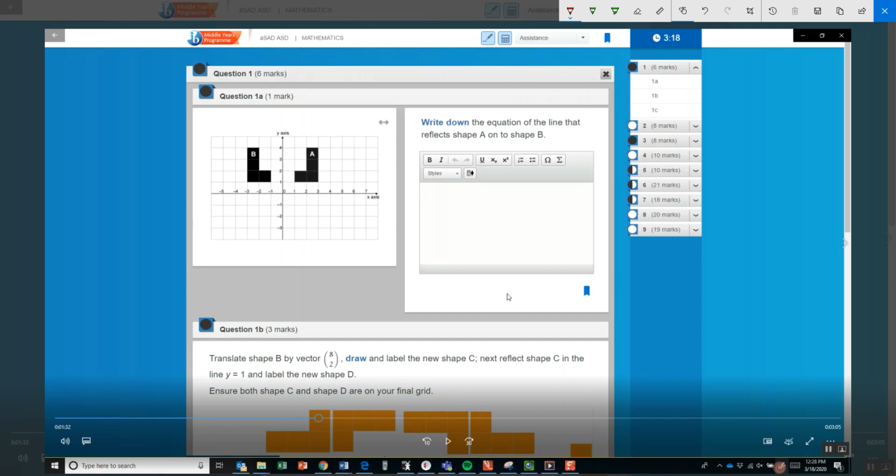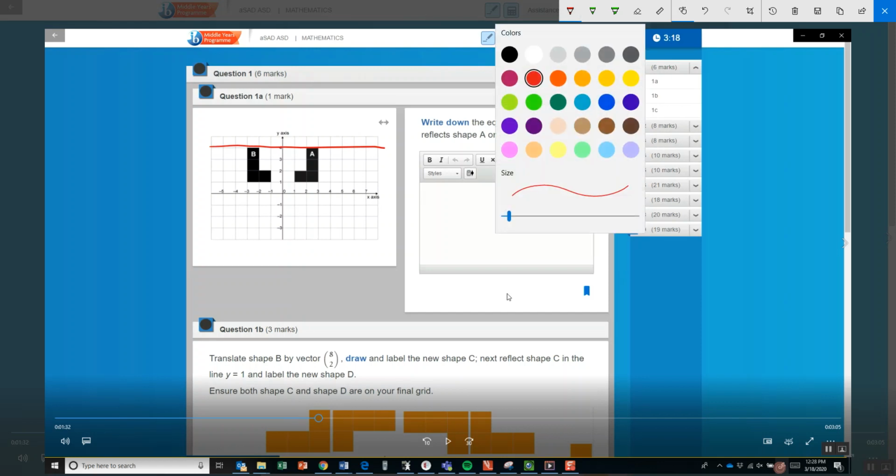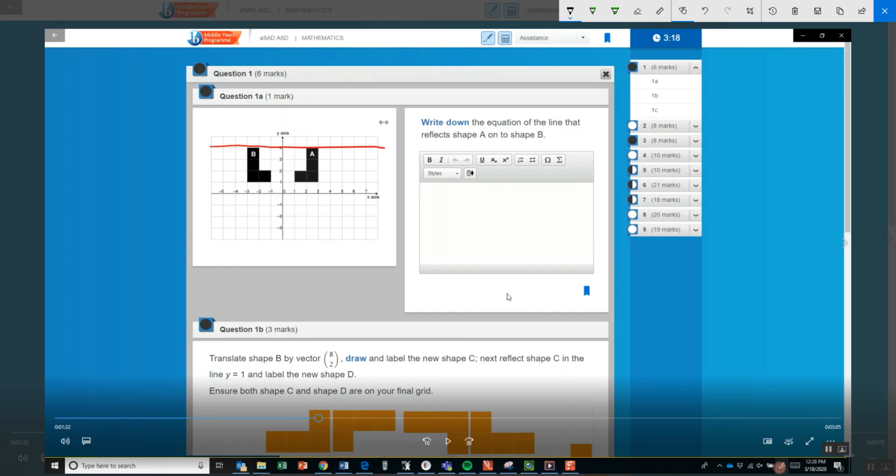If I draw in y equals 4, where is this going to reflect now? This is going to reflect above, going up like this, x equals 0, and go like that, which again isn't quite right.